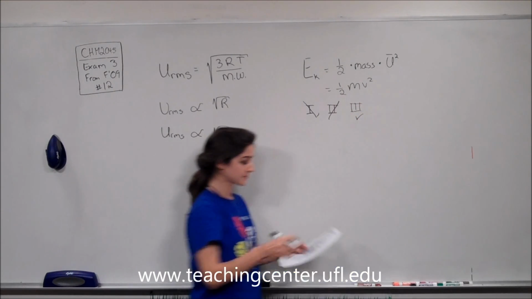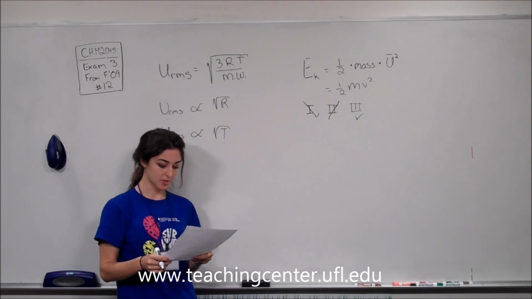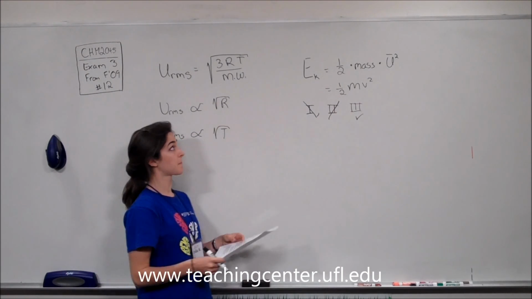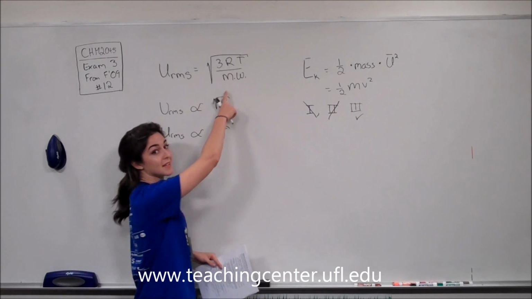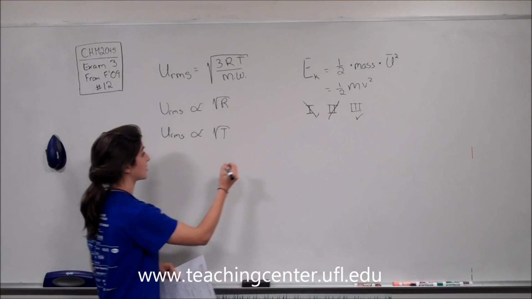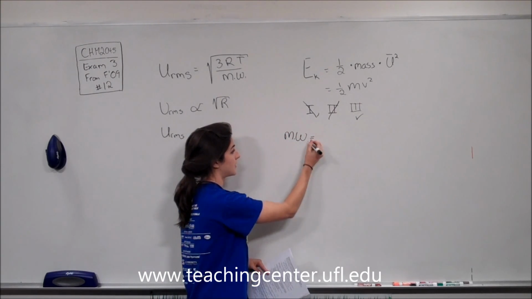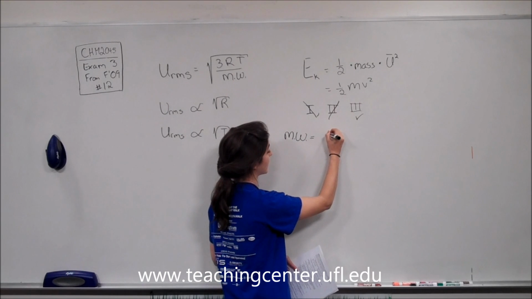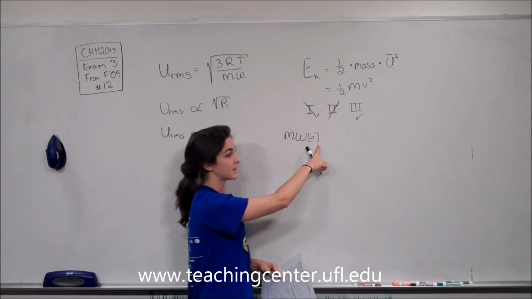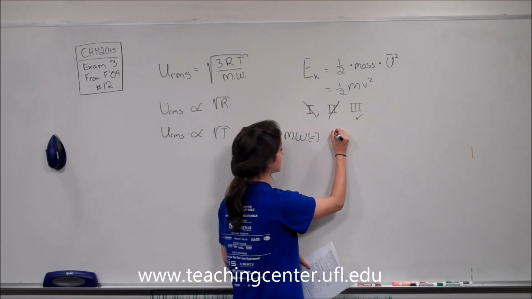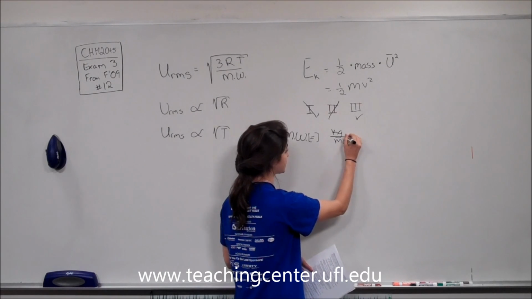Now the fourth one says that it's inversely proportional to the square root of its mass. To pick out the mass in this equation, we see that we have molecular weight. Molecular weight in this problem is going to be in units of, that's what this parentheses around the equal sign, kilograms per mole.